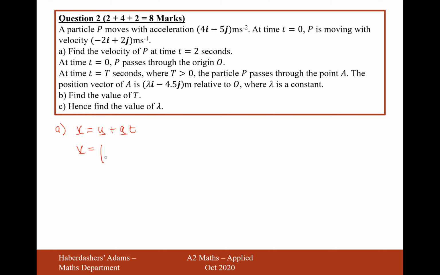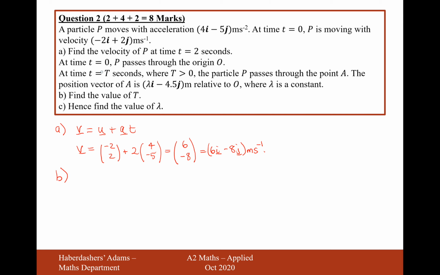The initial velocity is minus 2i plus 2j, plus 2 for the time, times the acceleration, which is 4i minus 5j. That's minus 2 add 8, so that'll be 6, and then minus 8 for j. So it's 6i minus 8j, meters per second. There we are, that's the answer for part A.